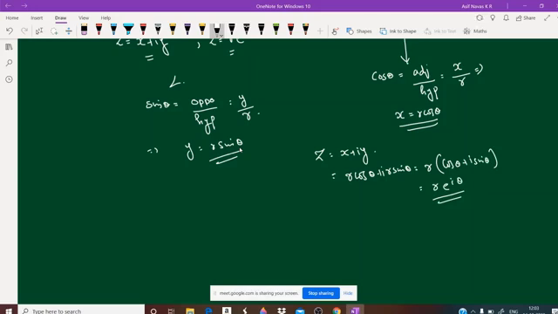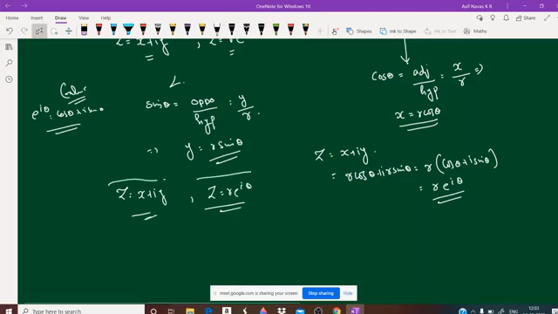We know that e power i theta is equal to cos theta plus i sin theta. This is Euler's identity, which you might have studied. So we can represent a complex number in two ways: one is x plus iy and the other is r e power i theta. So this is very important.